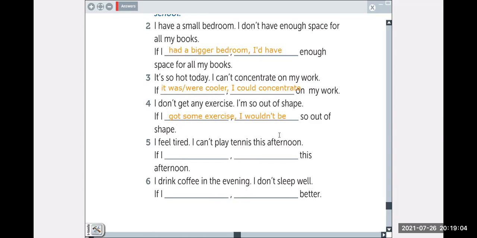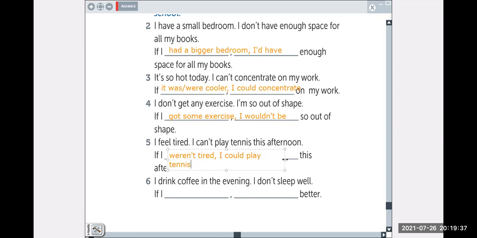I feel tired. I can't play tennis this afternoon. If I were tired? Weren't, right? Weren't tired. I could play tennis this afternoon.